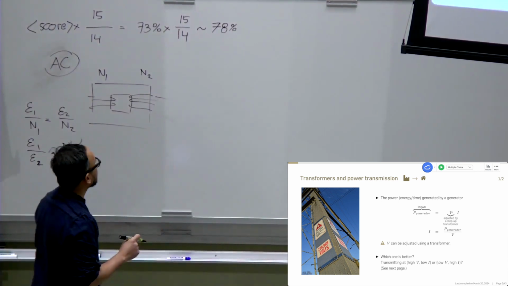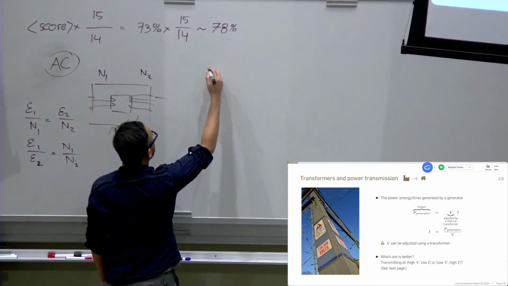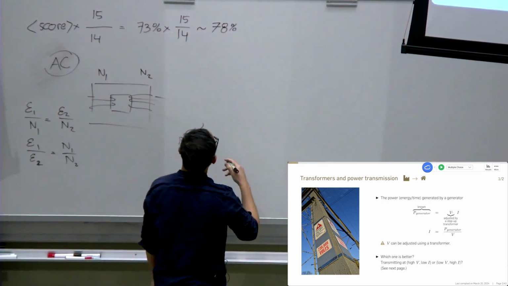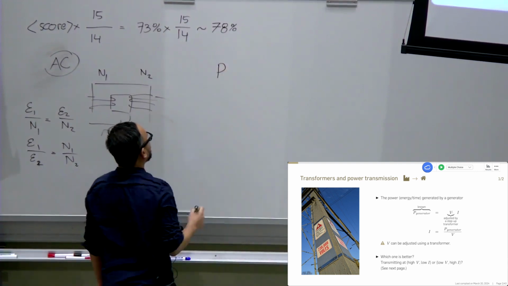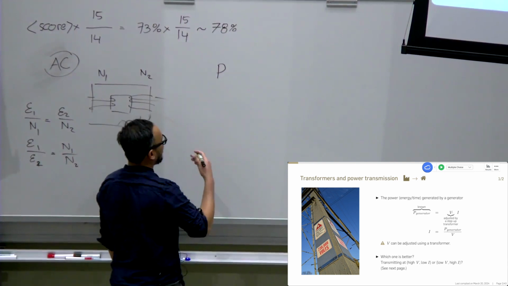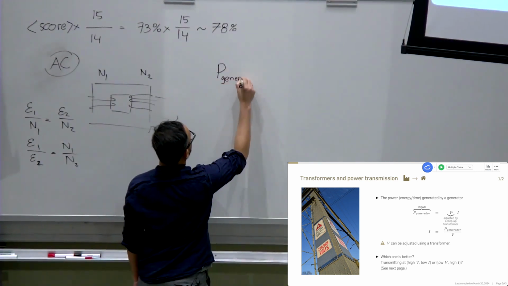So we will go through that slide. Basically, if you have an electric generator, such as using a water turbine, the thing that you generate has a defined power. Basically, the energy of, let's say, a waterfall. So I call this P generator.